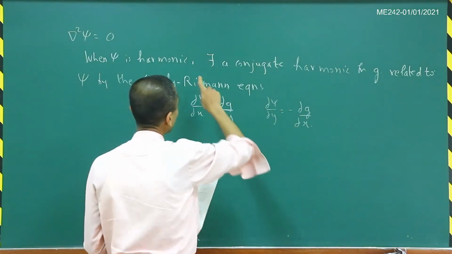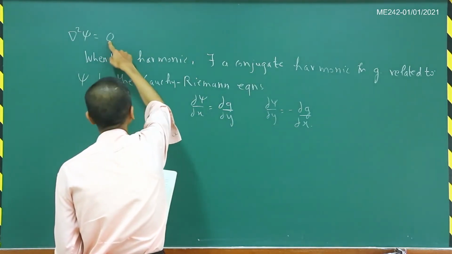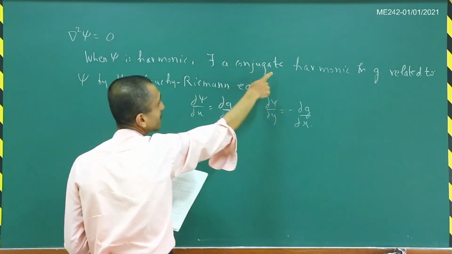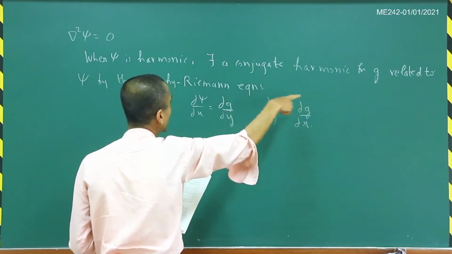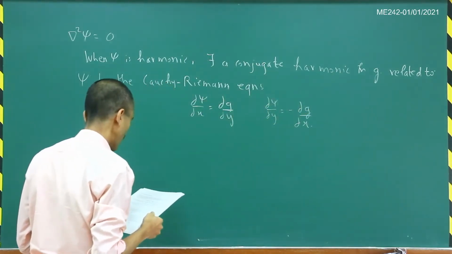So if xi is a harmonic function, that means if xi satisfies this particular equation, del square xi equal to 0, then there exists a conjugate harmonic function g, which is related to xi through the Cauchy-Riemann equations.